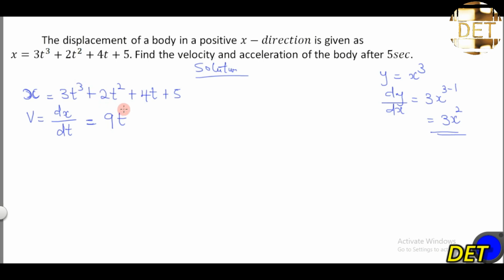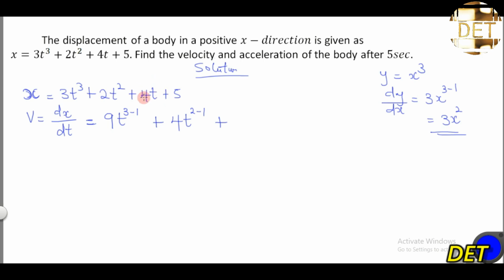And I will subtract 1 from the power. 3 minus 1, right? Plus, I will use this power of 2 to multiply this 2t. So that will be 4t raised to the power of 2 minus 1, plus, there is an invisible power of 1 here, right? Anything raised to the power of 1 is equal to that number, right?